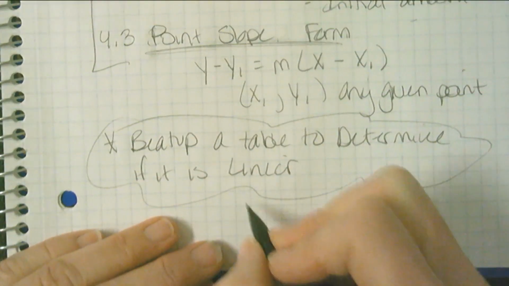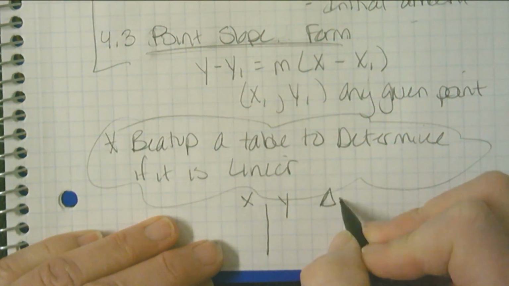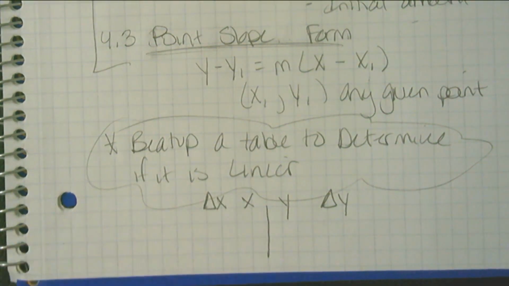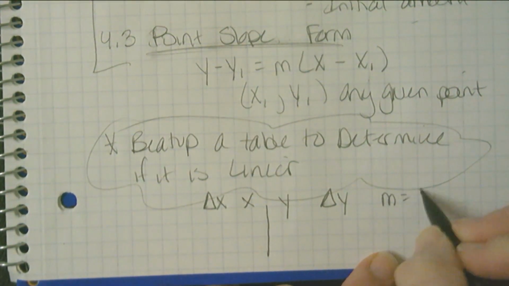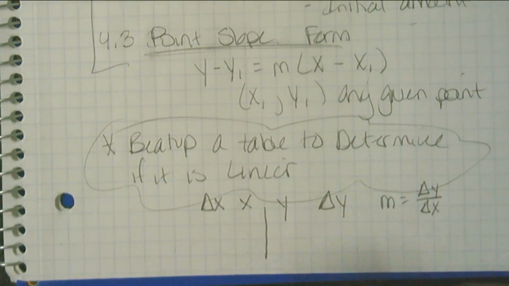And if you remember to do that, I'm just going to set up just a generic table. You need to find your change in your y and your change in your x, because you're looking to find your slope. Slope is change in y over change in x. And you're looking to find the individual slopes. All right, if all the slopes are the same, it's linear.